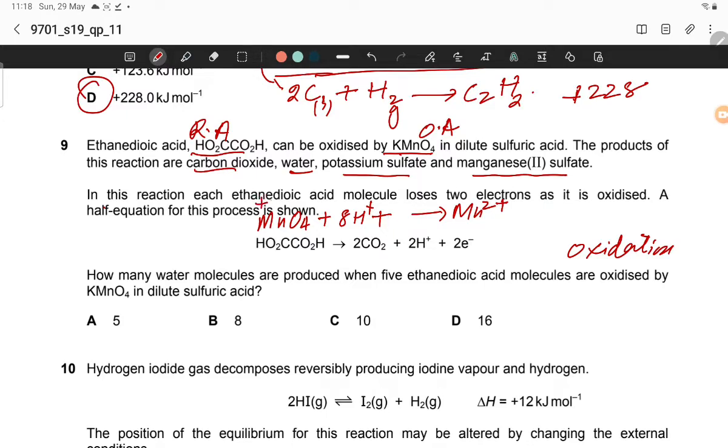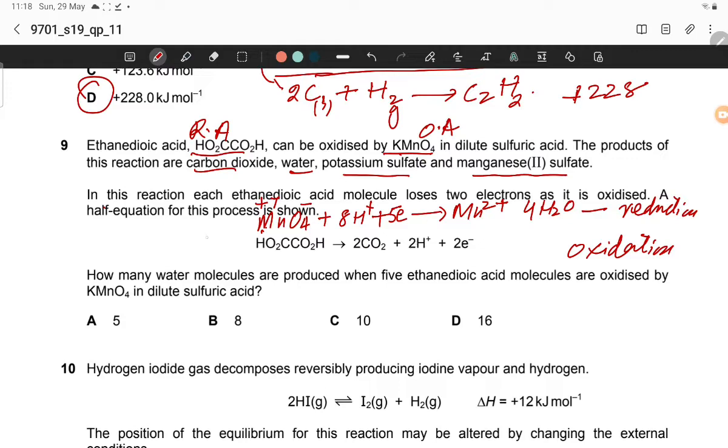The oxidation state of manganese in this compound, manganate, is plus 7, plus 4H2O. Yes, this is the reduction reaction.